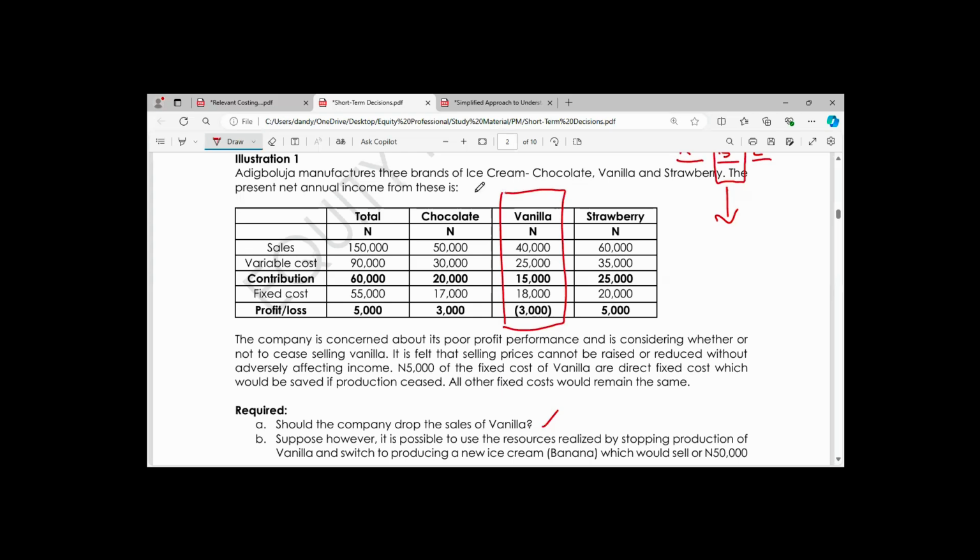Let me stop sharing this so that we can maximize the little time that we have. Let's go to the working notes. This one too, let me change it to deleting of a segment, or short-term decision class 1.